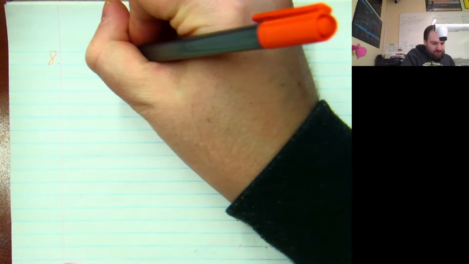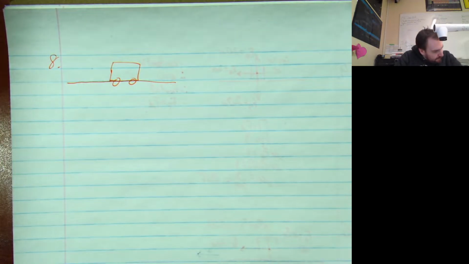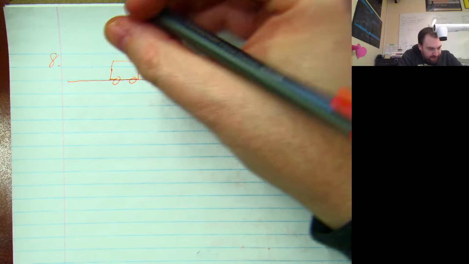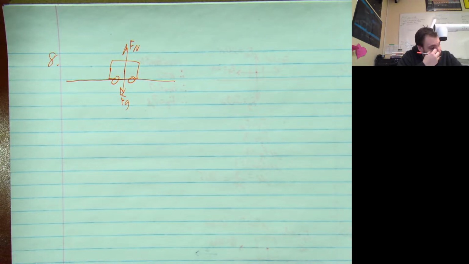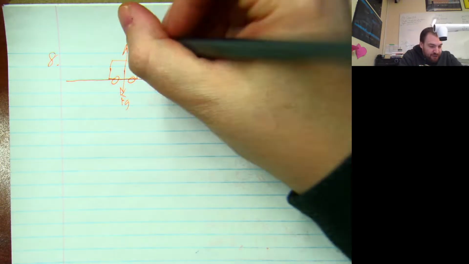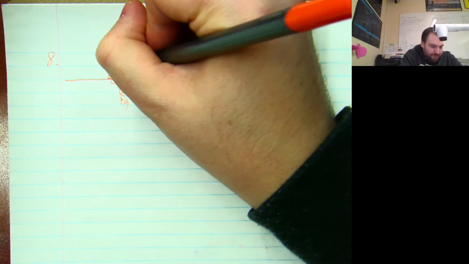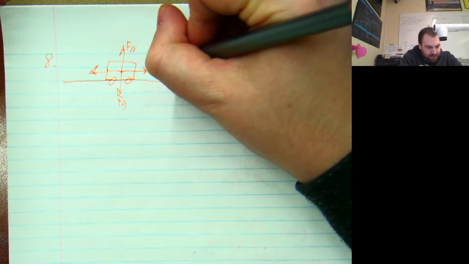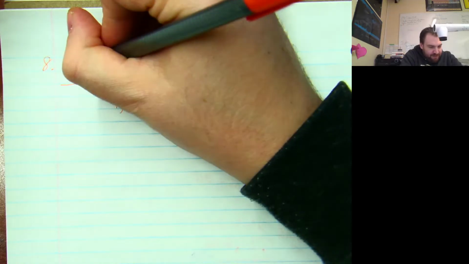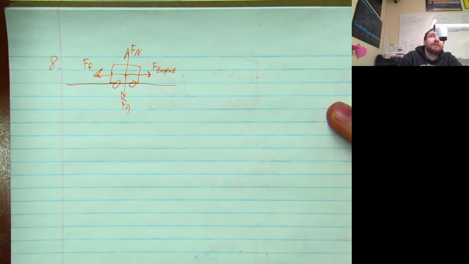Here's the car. A 950 kilogram car, so I've got FG acting down, I've got FN acting up. Constant velocity, and we're told how much force is required by the engine to maintain the speed. So I've got a force forward, which I'm going to call F engine, and a force backwards, which is the force of friction.